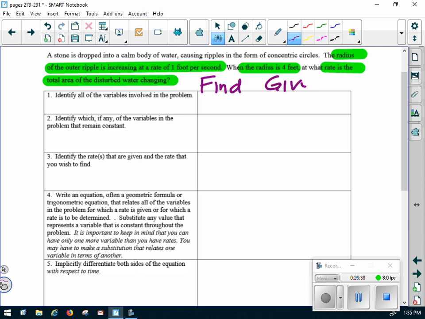Find, given, when. What do we want to find? dA dt.